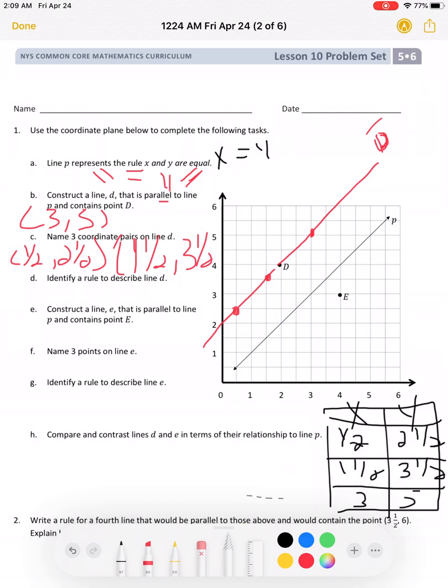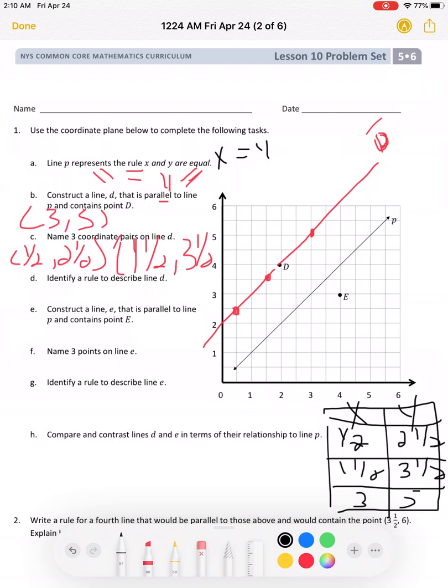Good. Now if we have the rule correct, plus 2, it should be the same for the last coordinate pair. X is 3. If we add 2, 3 plus 2 equals 5. So here our rule is add 2. Y equals x plus 2.